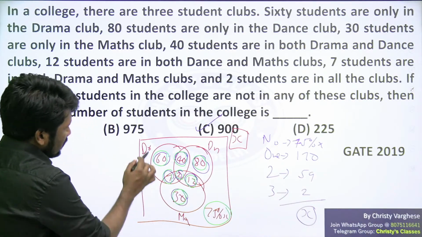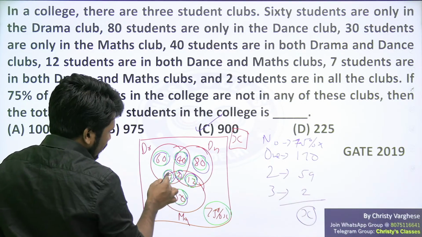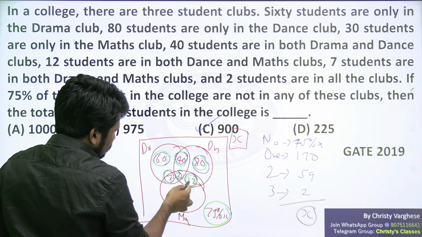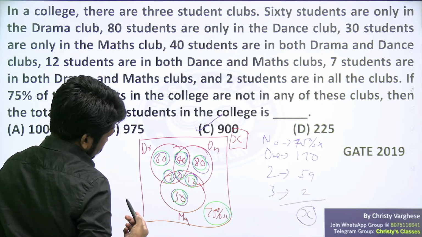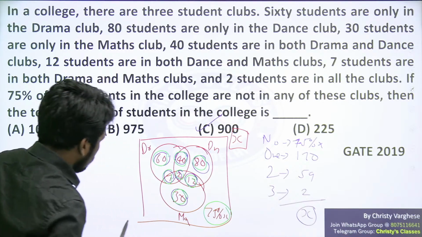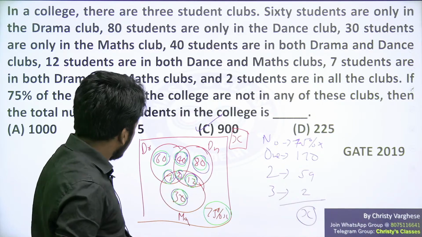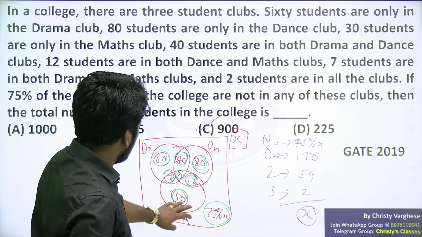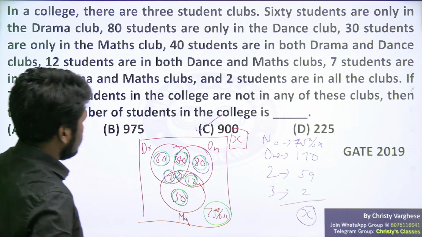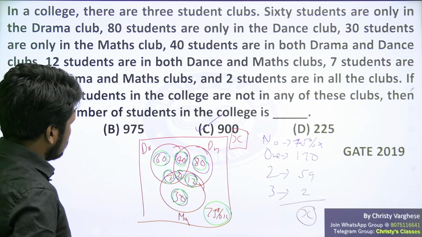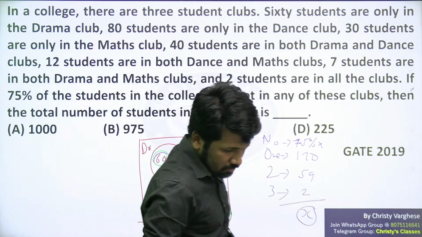When you add it up, you will get 60 plus 40, 100, 180, 180 plus 30, 210, 210 plus 19... did I count it wrong? 40, 100, 180, 210, 219. I think somewhere I have written it wrong, just let me check.